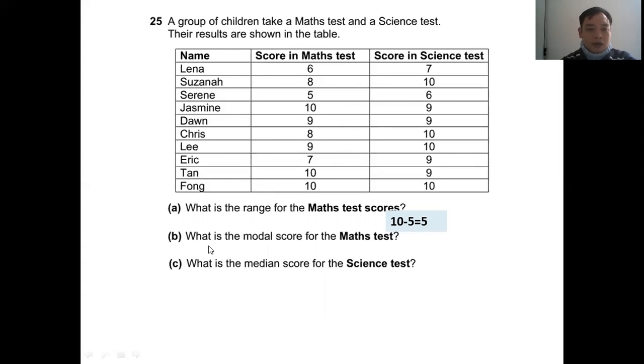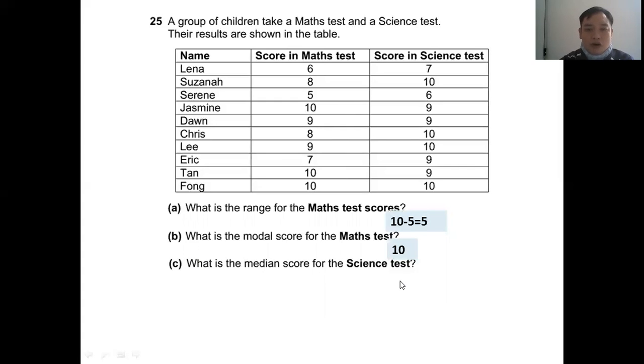B. What is the mode score for the math test? The mode score means the score that occurs most often. Can you see here? It is the number 10 that occurs 3 times. C. What is the median score for the science test?